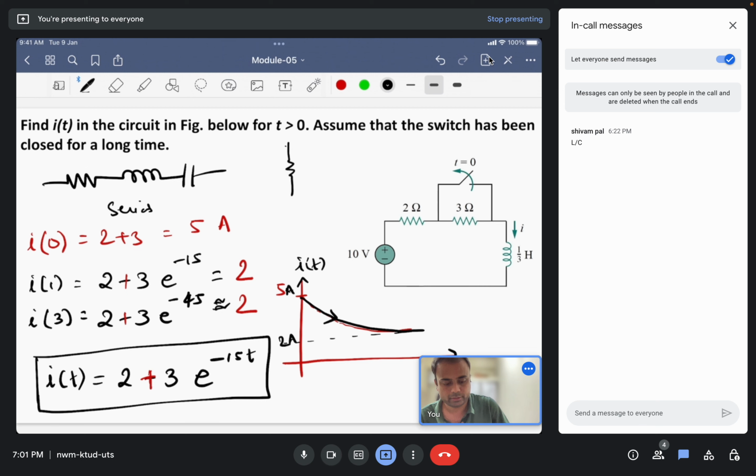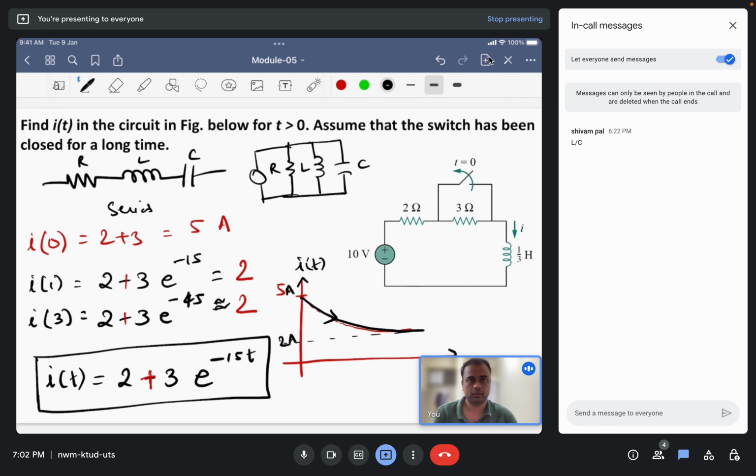We'll see both cases, what will happen if we connect these three components, R, L and C, in series and in parallel.